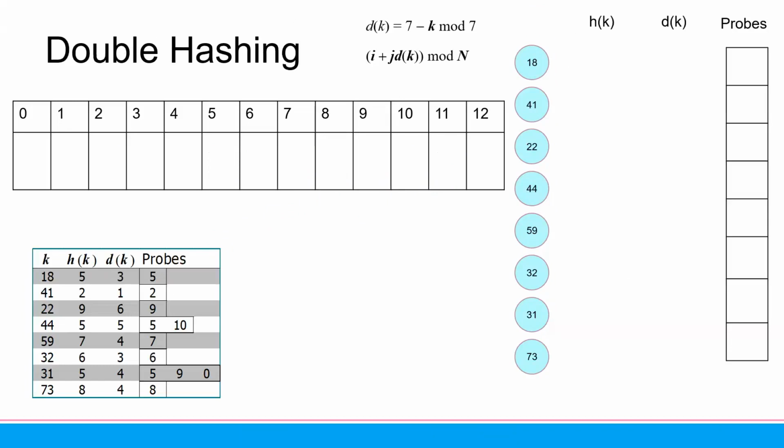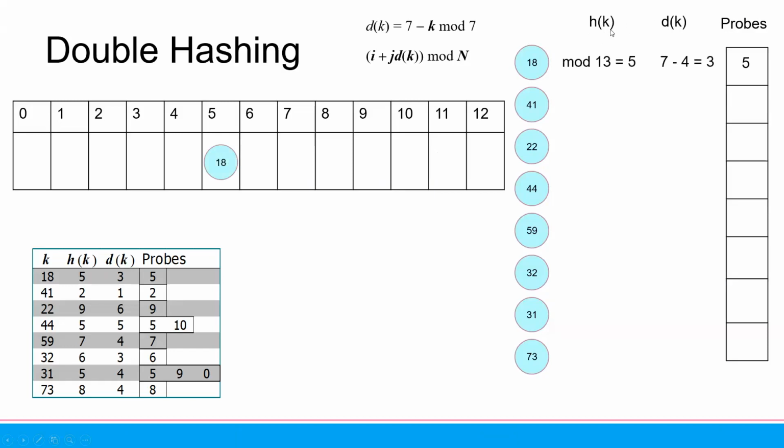In double hashing, you also learn that if we want to put the value into one location, but the location has been filled, we will use the second function. So we will always calculate the HK and DK.